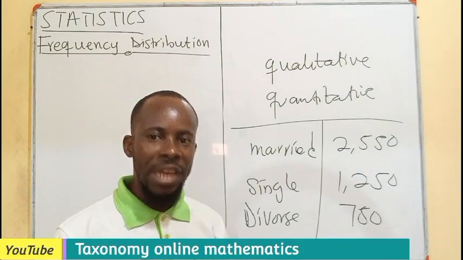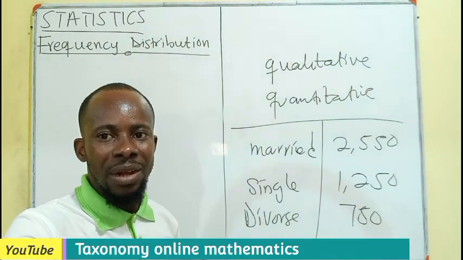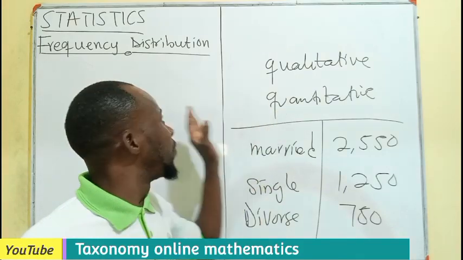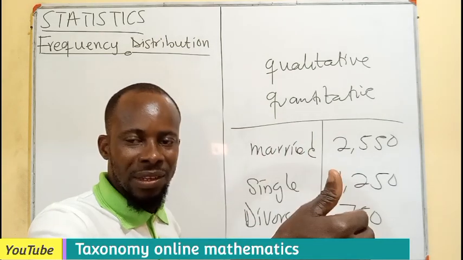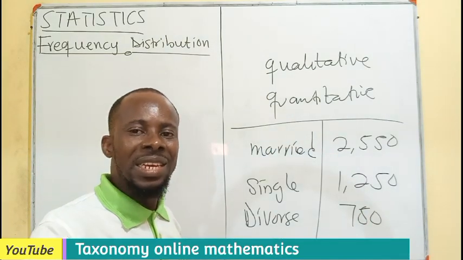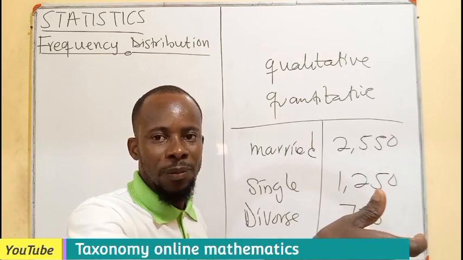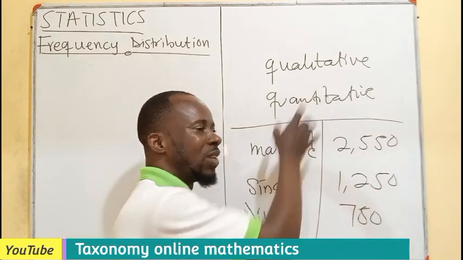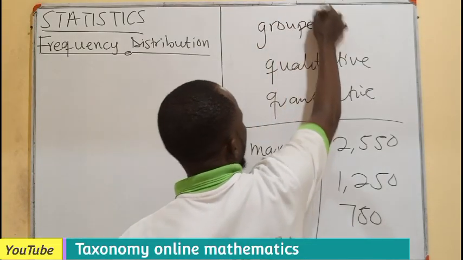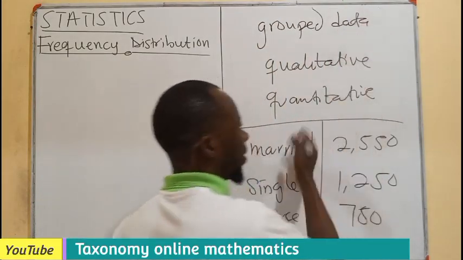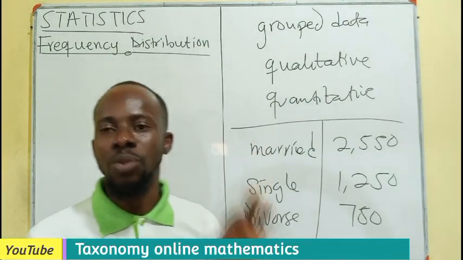This is what we are concerned about in this tutorial, whereby the frequency distribution lists the classes of data and the number or values assigned to each class. Normally under this we call it grouped data. So we handle grouped data, which is quantitative, using a frequency distribution.